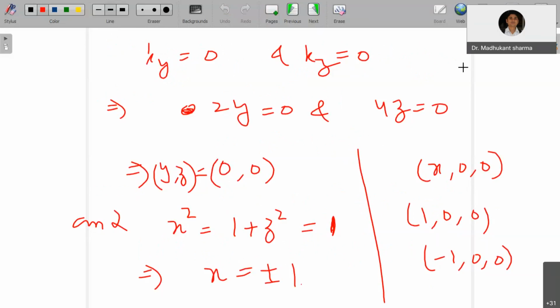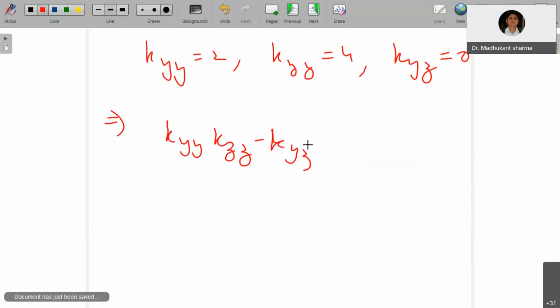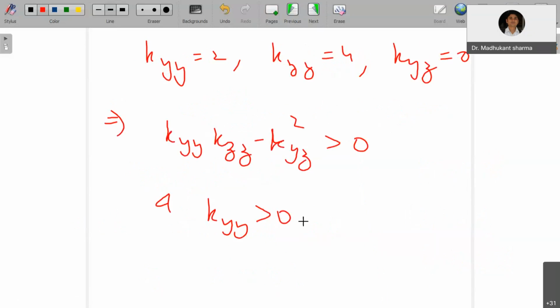Since ky is 2y, differentiating with respect to y gives 2, and differentiating with respect to z gives 0. Similarly kzz is 4. So kyy times kzz minus kyz whole square is greater than 0, and kyy is greater than 0. So it will attain a minimum value at the 0 point.